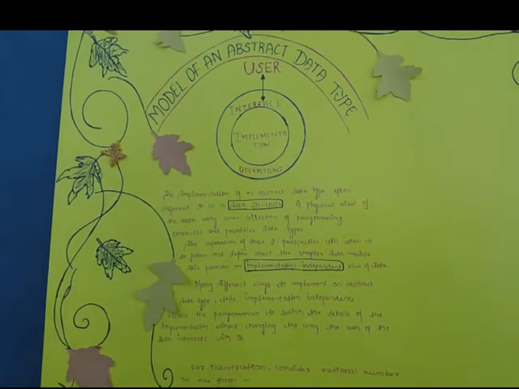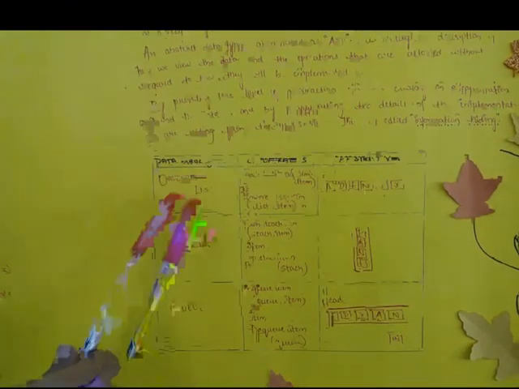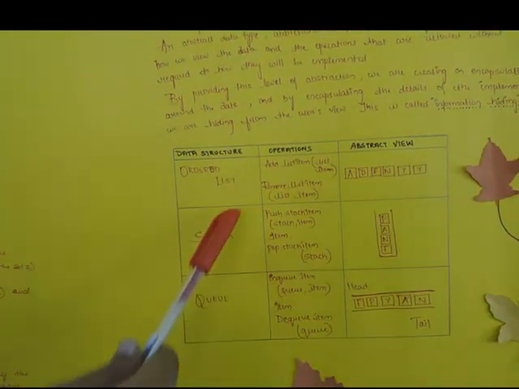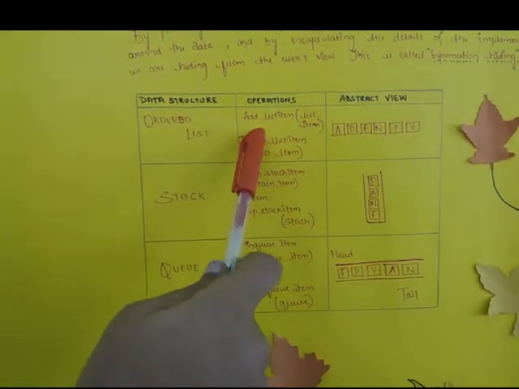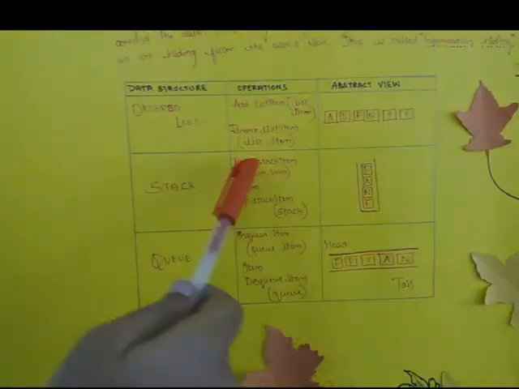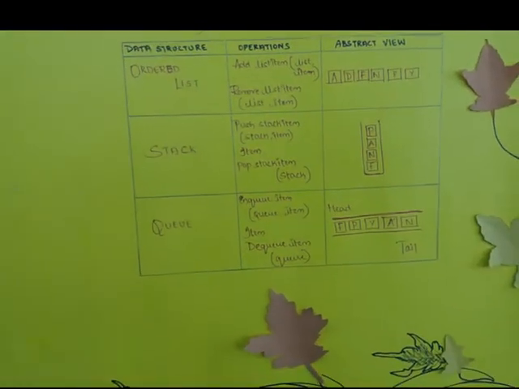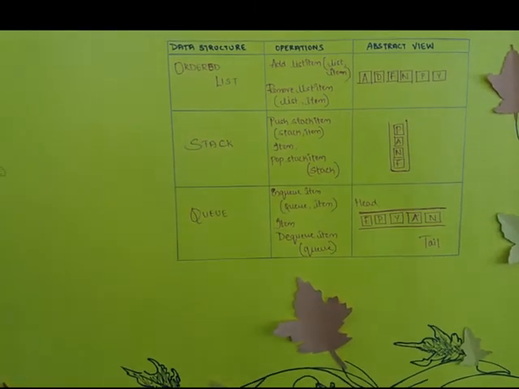In defining abstract data types, we have two types. Those are data structures and operations. For data structures, as you all know, ordered list, stacks and queue, user-defined data structures are defined, and further we can do operations like adding elements into the list and removing elements from the list for an ordered list, and push and pop operations for a stack, etc. Now you may wonder why we need abstract data type.